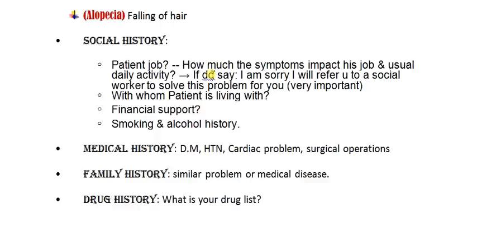And you have to refer the patient to occupational health care if he has any work troubles related to his illness as well. With whom is the patient living, and who is supporting him at home, financial support, smoke and alcohol history, any medical history of long-standing disease, any family history of similar condition or long-standing disease. Can you tell me about your drug list, please?